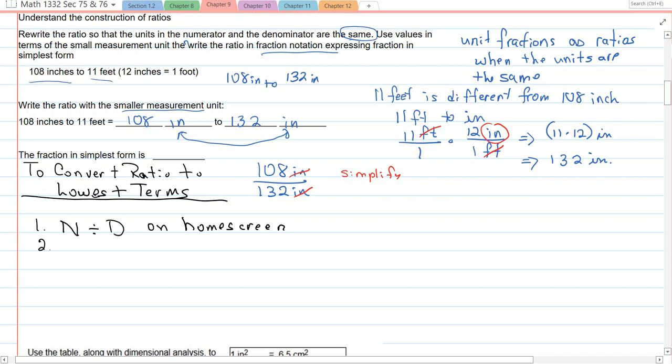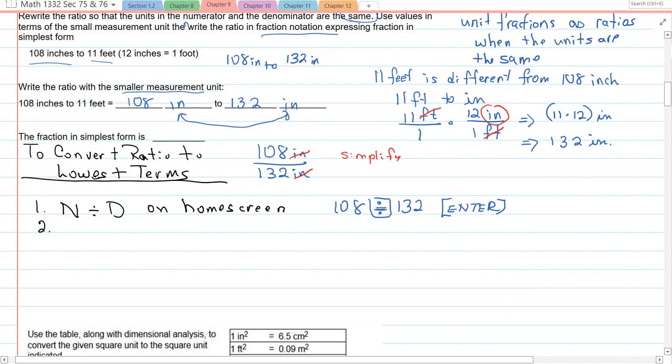Then, the second step, for this guy, we're going to do 108 divided by 132 and enter for decimal value. Okay, the next step.